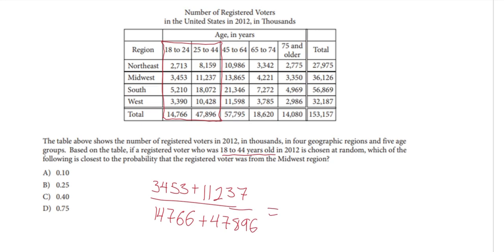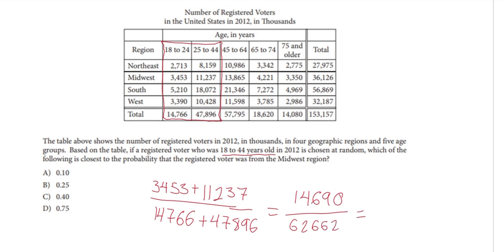So first we're going to add the top together. 3,453 plus 11,237 is going to give us 14,690. And we're going to divide that by 14,766 plus 47,896. And that's going to give us 62,662.